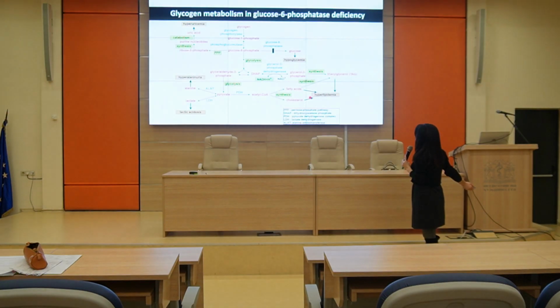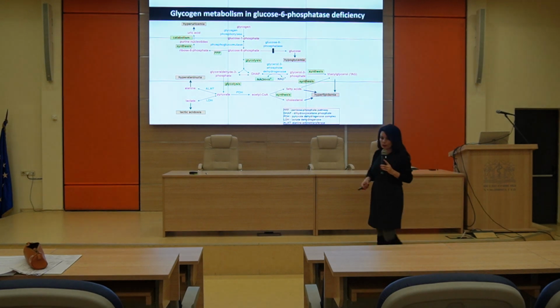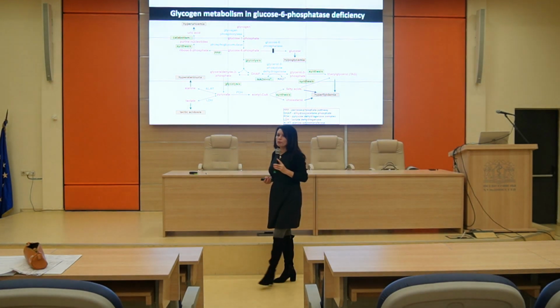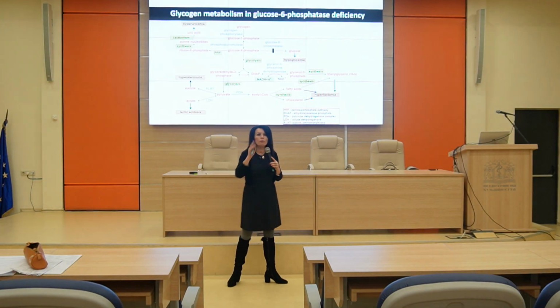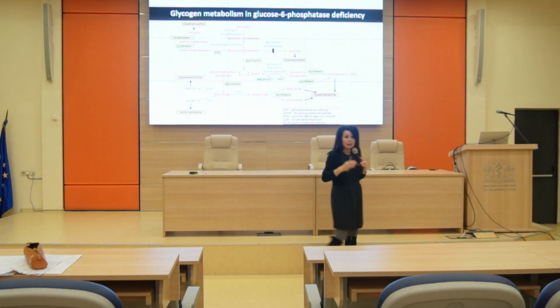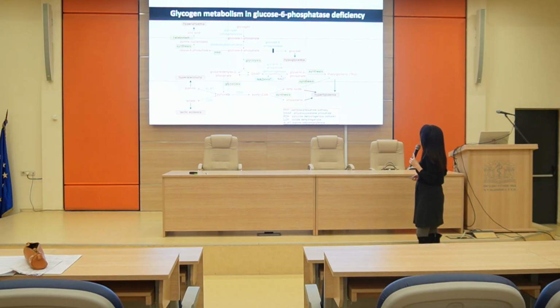Hyperlipidemia will be not only from glycerol 3-phosphate, but also with the production of fatty acids from pyruvate and acetyl coenzyme A. And cholesterol level will be increased too. Why? Because of the increased level of acetyl coenzyme A. That's why both of them will be increased, triacylglycerols and cholesterol. All this is called hyperlipidemia.